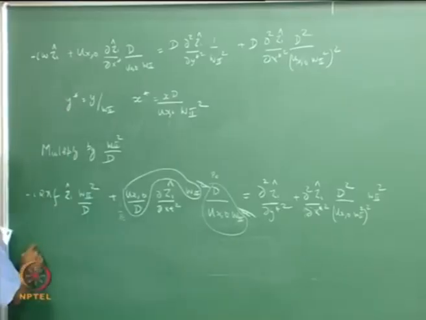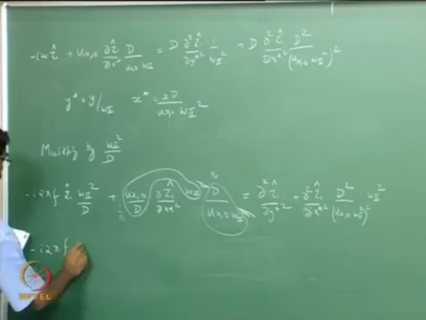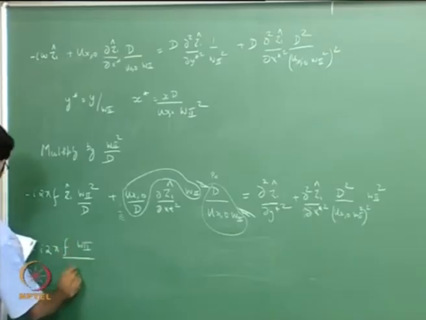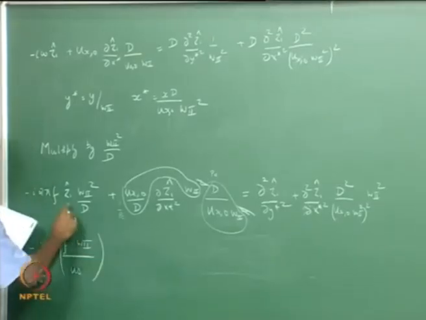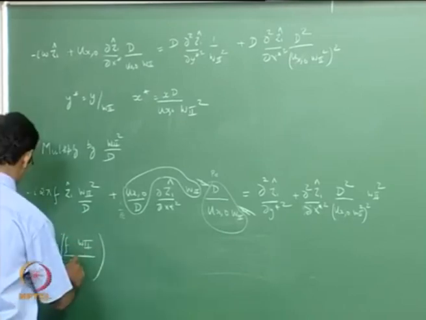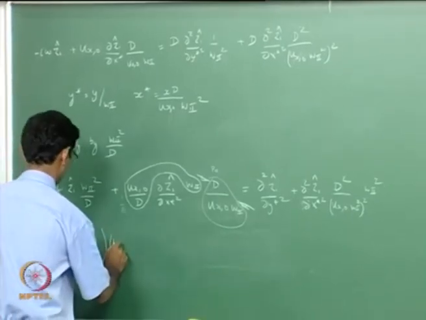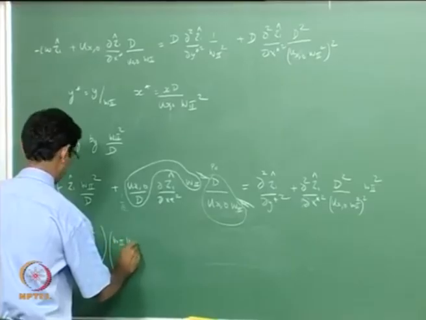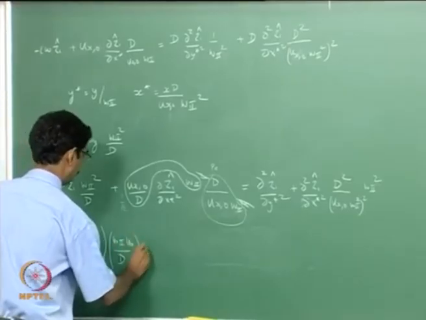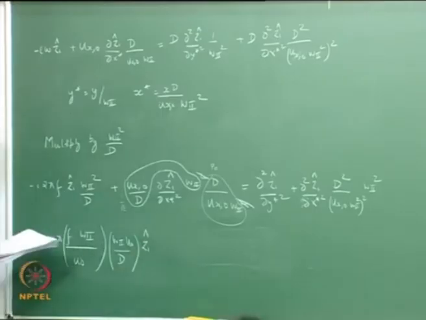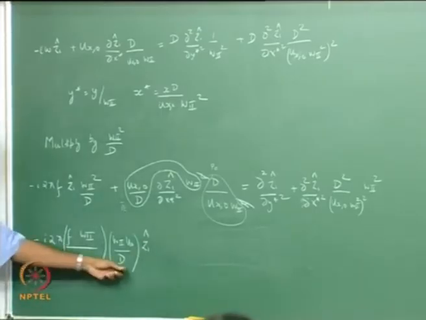So let's write this. I am multiplying and dividing by U naught. So this is Strouhal number and this is Peclet number.